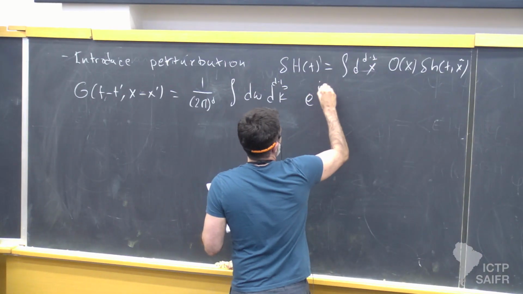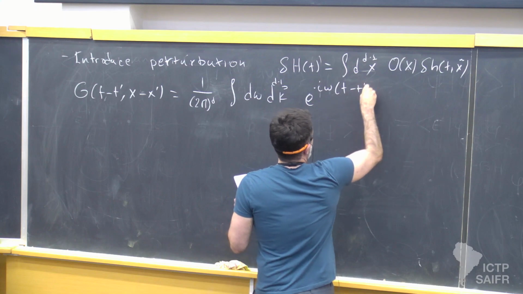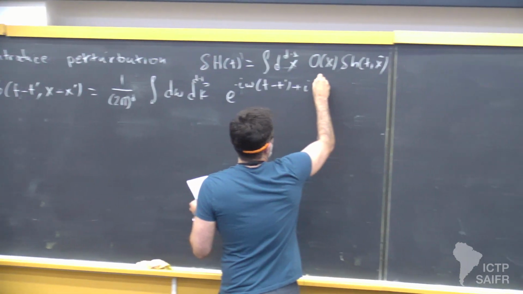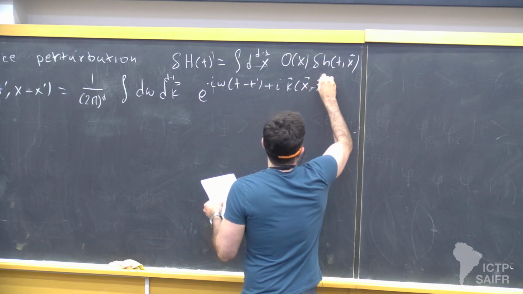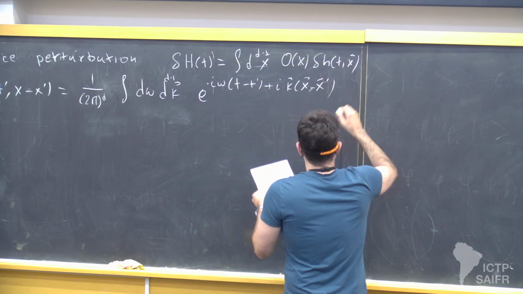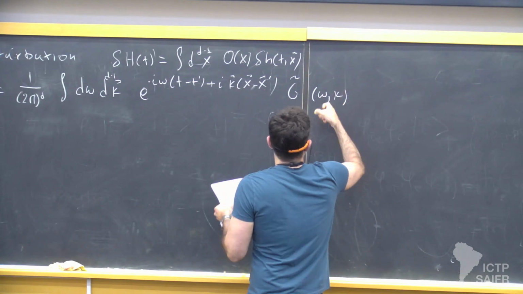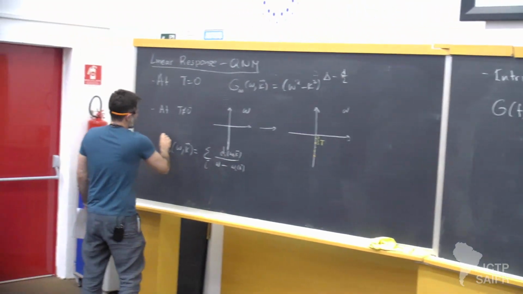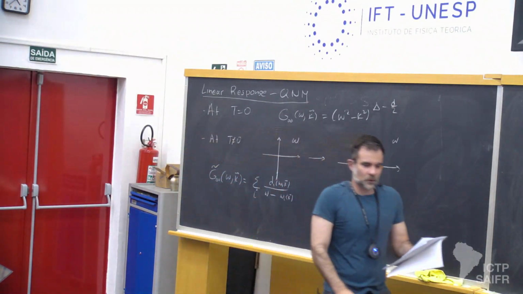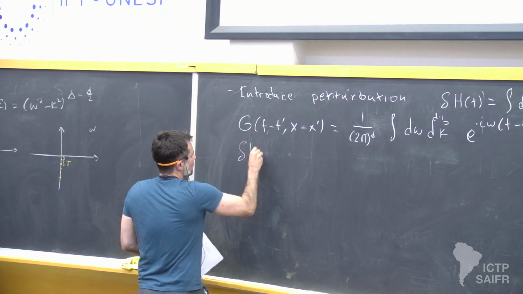So we'll have e to the minus i omega (t minus t') plus i k (x minus x'). And here I will have the Fourier transform. So this is the object, basically, that I have written here. Well, let me put a tilde, just to make sure that I'm talking about the same thing. And let me also introduce the Fourier transform of the source.